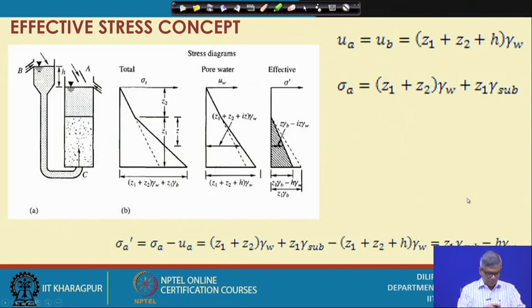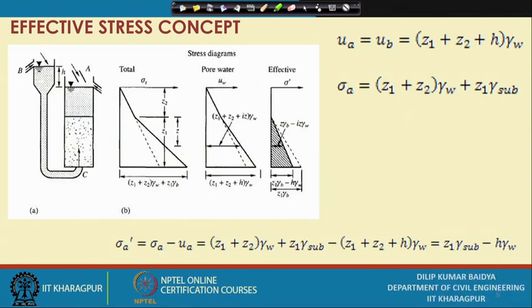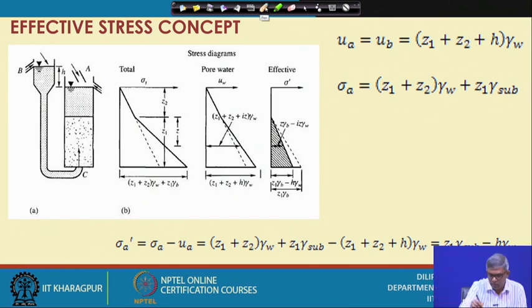Now, there is a third case we will consider, as I have shown before, when this tank is elevated or lifted by some height, and you can see this is the level here and this is the level here.